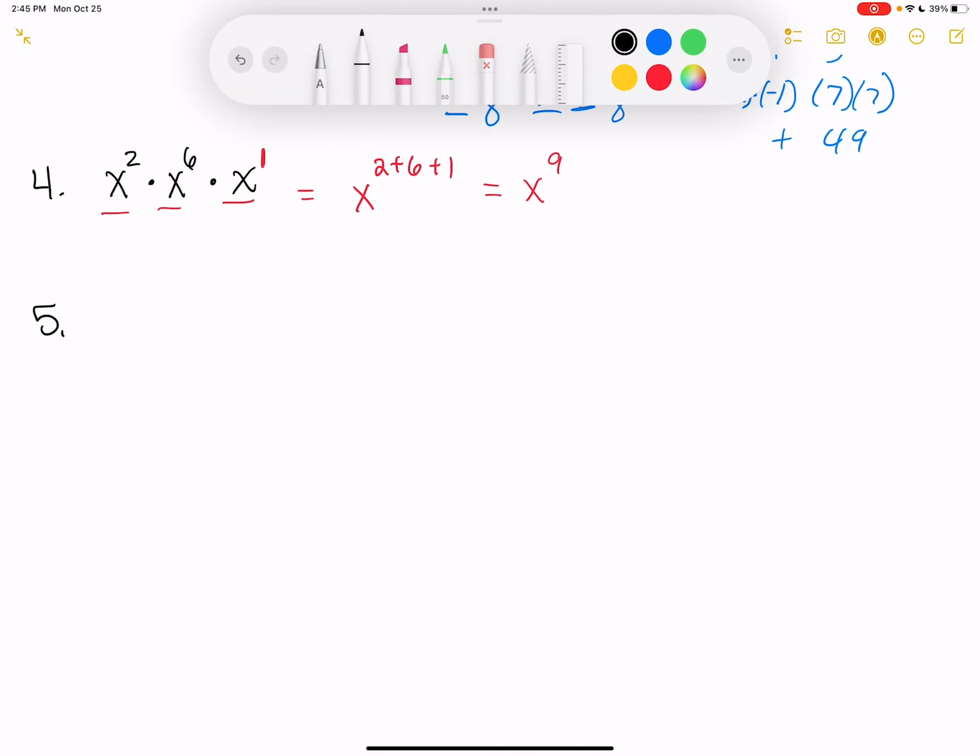So with this one, we've got 4 squared raised to the 7th. So again, with something like this, I am going to be multiplying my exponents. So this is going to be 4 to the 2 times 7, which is 4 to the 14th for this one.